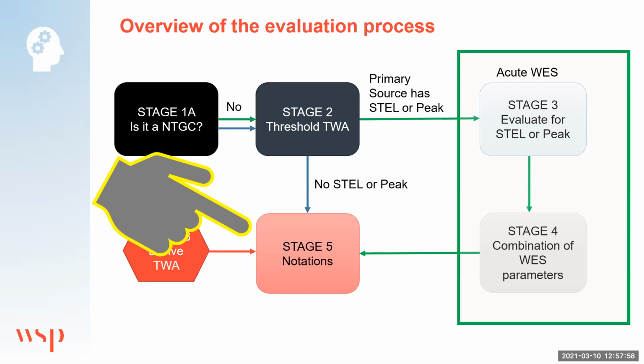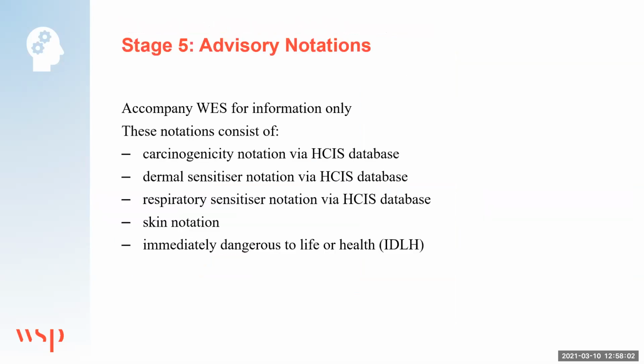Stage 5, notations. Okay, running short of time here. The first 3, the carcinogenicity notation and the sensitizer notations, were informed via the HCIS database, which was based on the Globally Harmonized System of classification and labeling of chemicals, GHS.